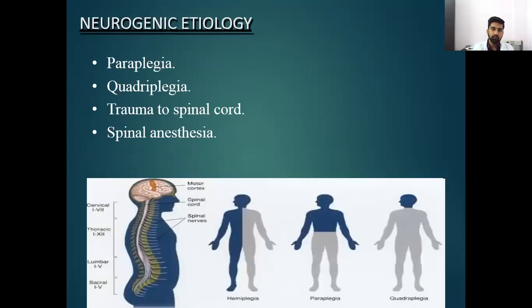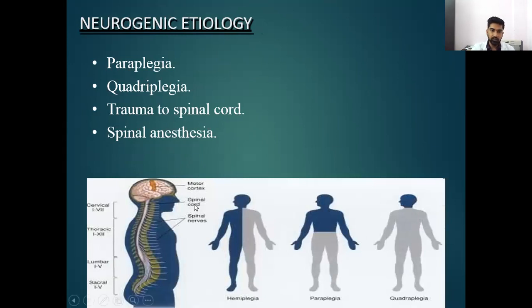Neurogenic shock: paraplegia, where the lower part of the body gets paralyzed, and quadriplegia, where the upper body gets paralyzed. Trauma to the spinal cord and spinal anesthesia can sometimes cause neurogenic shock.